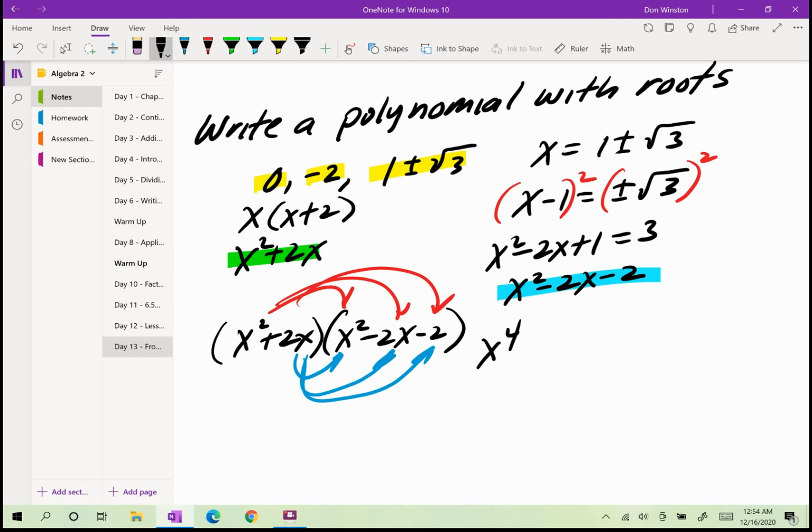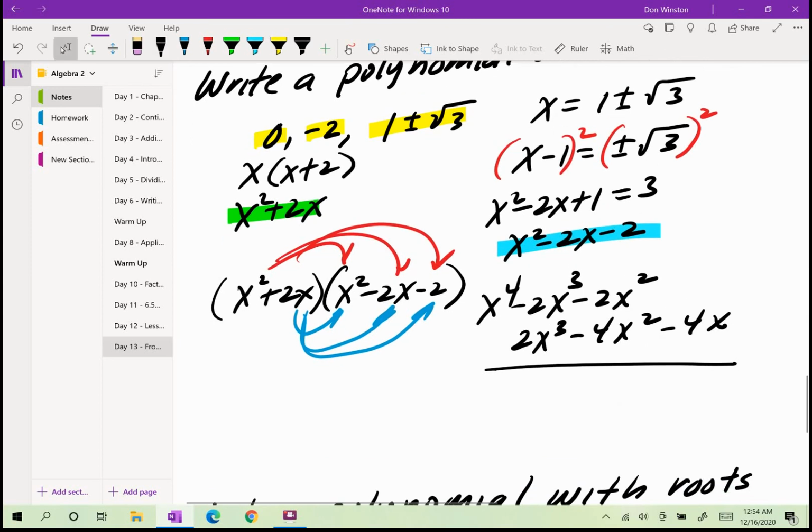X squared times minus 2x is minus 2x cubed. And then x squared times a negative 2 is negative 2x squared. Okay, and then 2x times x squared is 2x cubed. And then 2x times negative 2x is negative 4x squared. And 2x times negative 2 will be a minus 4x, negative 4x.